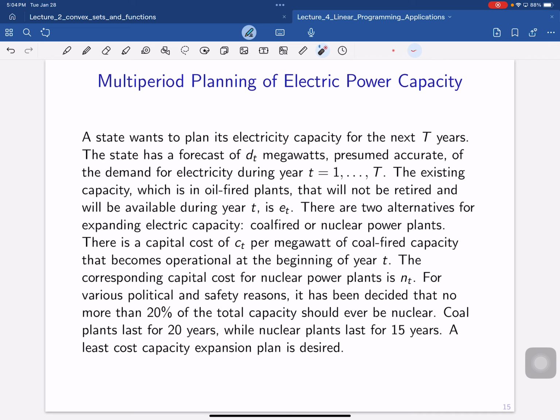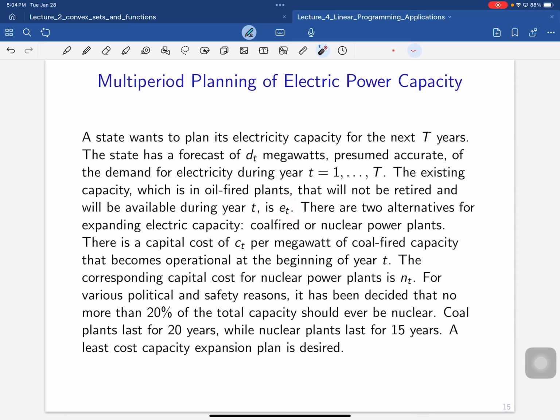Now we are converting fossil fuel-based plants to renewables, so perhaps you are not going to build more oil-fired plants. So you can assume the remaining capacity of these oil-fired power plants at year t is E sub t.